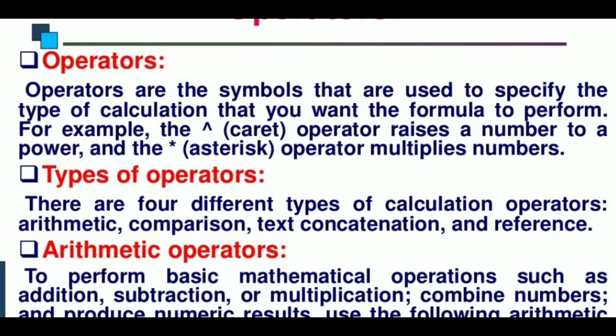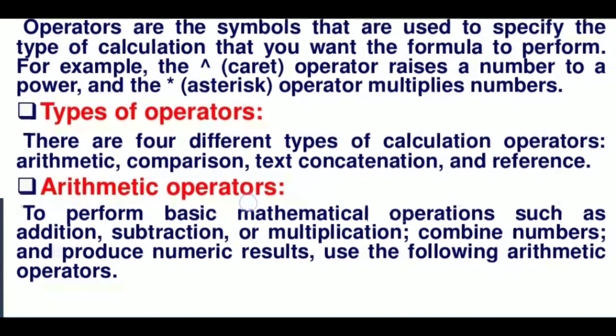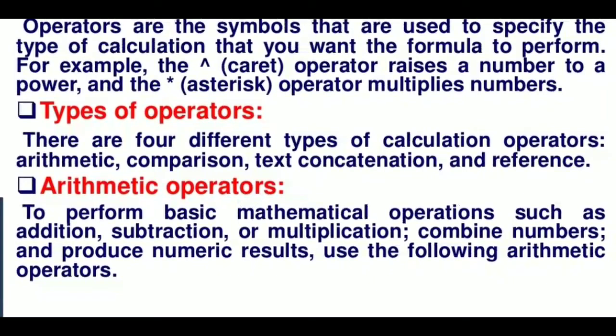First is the arithmetic operator. What is the meaning of arithmetic operator? To perform basic mathematical operations such as addition, subtraction, multiplication, combine numbers, and produce numeric results, use the following arithmetic operators. So arithmetic operators are the basic operations in MS Excel or in a formula or function.